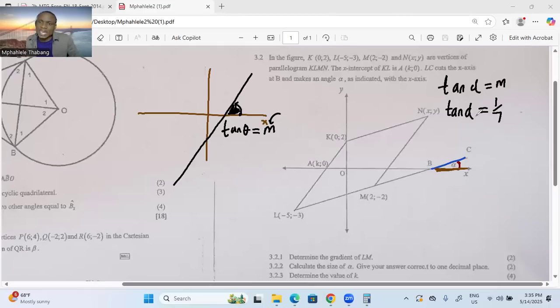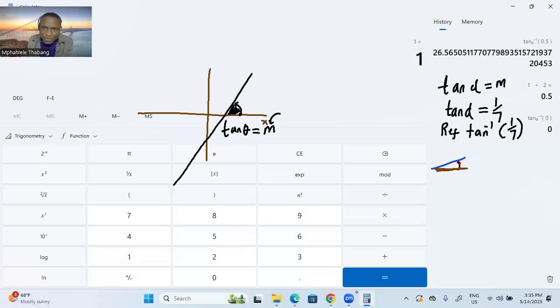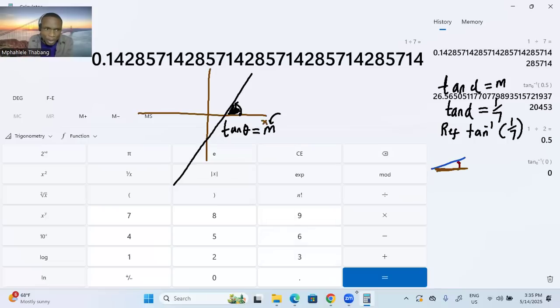Now to find the angle alpha, we must first find the reference angle by doing the second function of tan. So you say second function of tan of 1 over 7. Let's see how much we get. 1 divided by 7 equals, now second function of the answer.